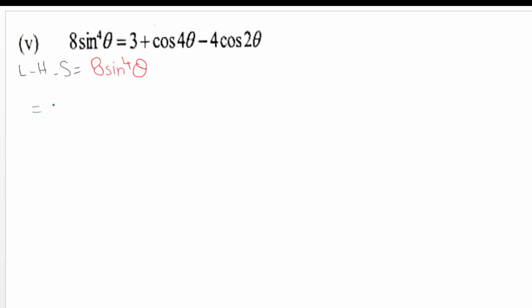Let me write here 8, and sine to the power 4 we don't know, so I will simplify it in terms of 2 like this and write here 2. We know the formula of half angle here. Let me write here sine square theta equal to 1 minus cos 2 theta by 2.